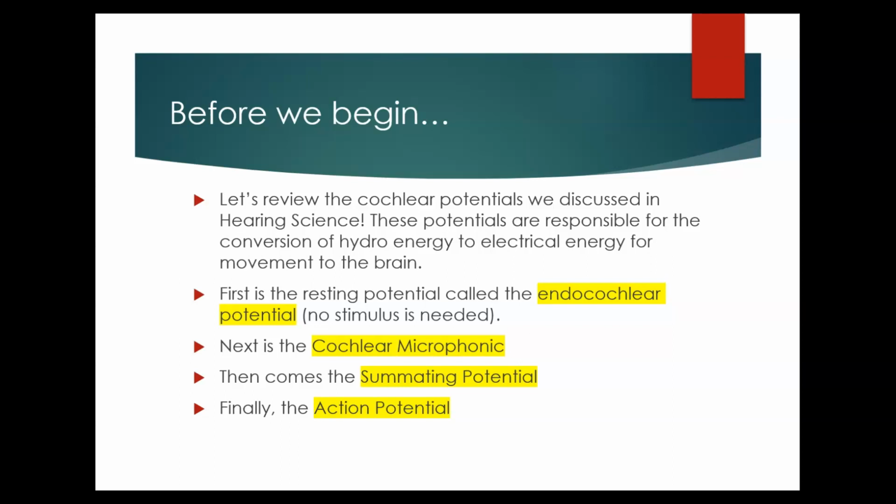So if you remember, the basilar membrane is the floor of the cochlear duct, and the organ of Corti sits on the basilar membrane. The organ of Corti is made up of inner and outer hair cells, as well as some supporting cells. So the summating potential is all of those hair cells moving when the basilar membrane moves.